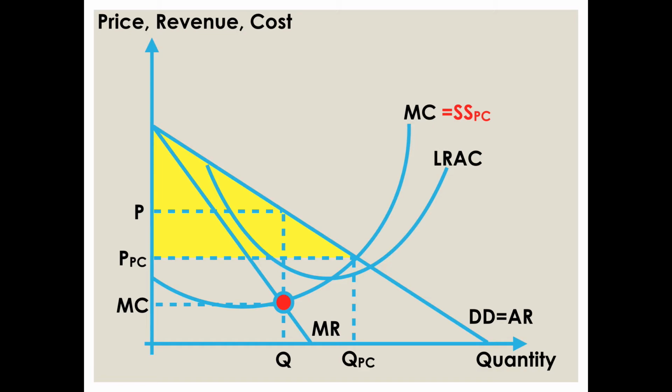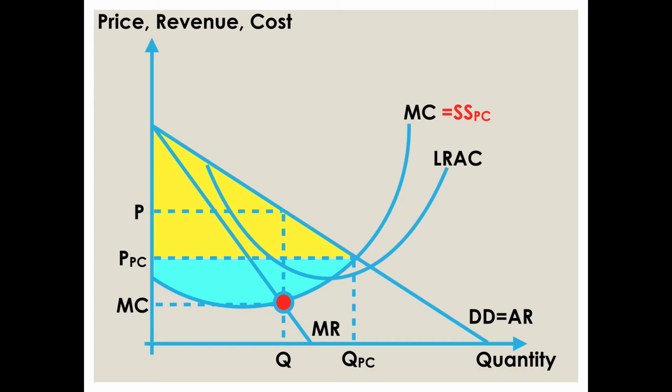The producer surplus, on the other hand, is the difference between the minimum price that producers are prepared to receive, which is given by the supply curve, and the price they actually receive, which is given by the market price. This means that the producer surplus in a perfectly competitive market is given by the blue area.